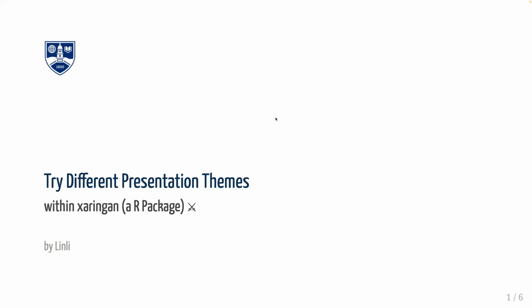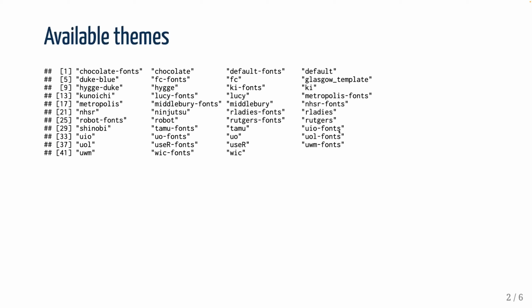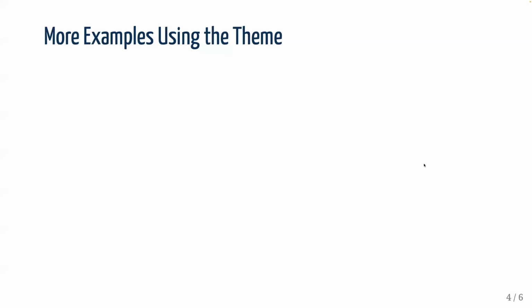We are halfway through all the available themes in this Xaringan package. This one has its own default logo that you need to change on the title slide. And the theme here is Middlebury. It's very blue on a white background.